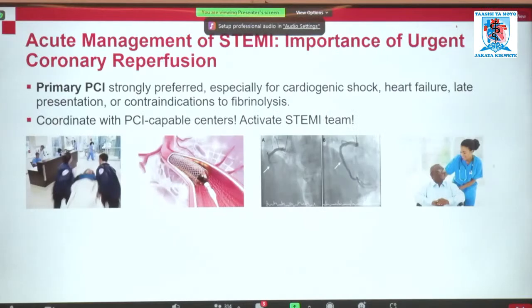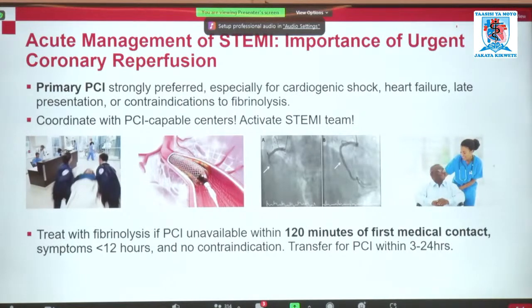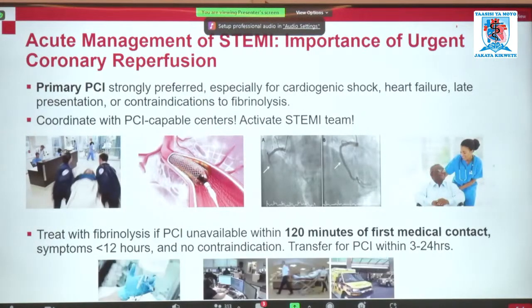That's critical. He takes call 24 hours, 7 days a week, so he's happy to show up to the cath lab anytime. Getting these patients to the cath lab is key, and if you can't get them there within 120 minutes, giving them fibrinolysis is really the next best option, and then transferring them for PCI within 3 to 24 hours.